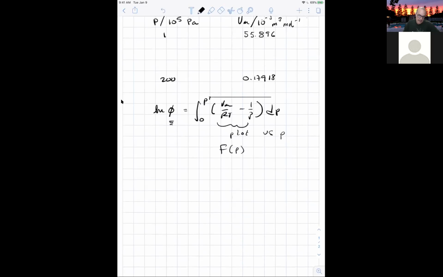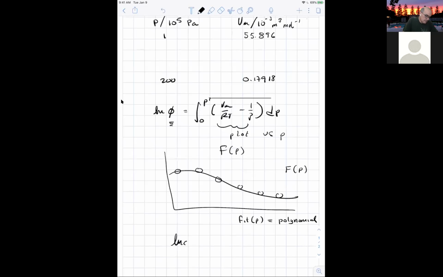And then in order to do this integral, we're going to make the substitution this. In other words, we're going to do the kind of point-by-point conversion, which is going to give us our points.